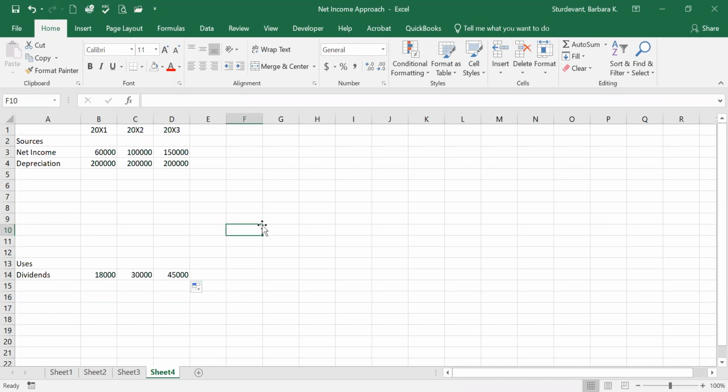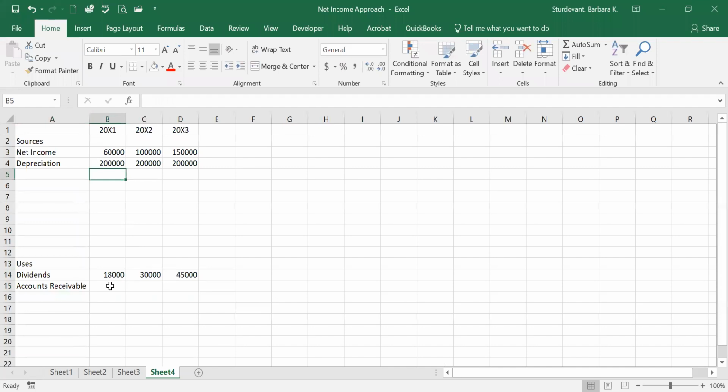It's gonna be a use, right? Current asset, if a current asset increases, the effect on cash flow is a decrease. And every year it increased, so they're all gonna go down here.